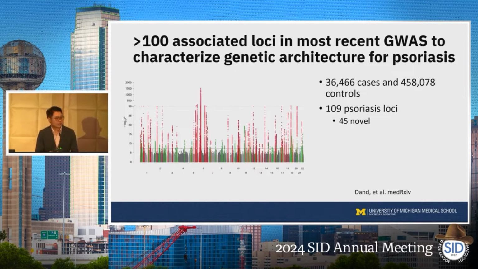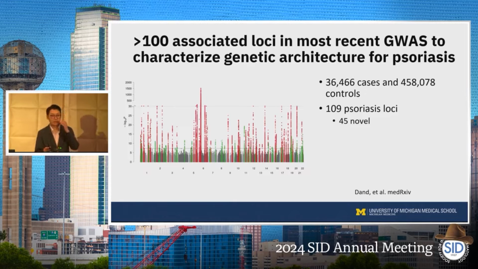Genome-wide association studies have been employed to identify the genetic variants associated with different complex traits, and have been applied to psoriasis in many studies. This is the most recent work, which has revealed over 100 disease-associated loci using over 36,000 psoriatic cases.